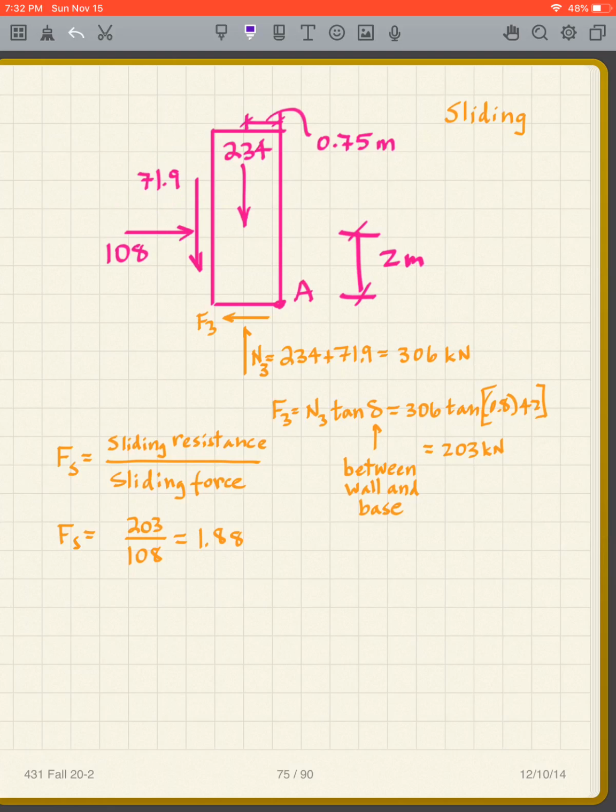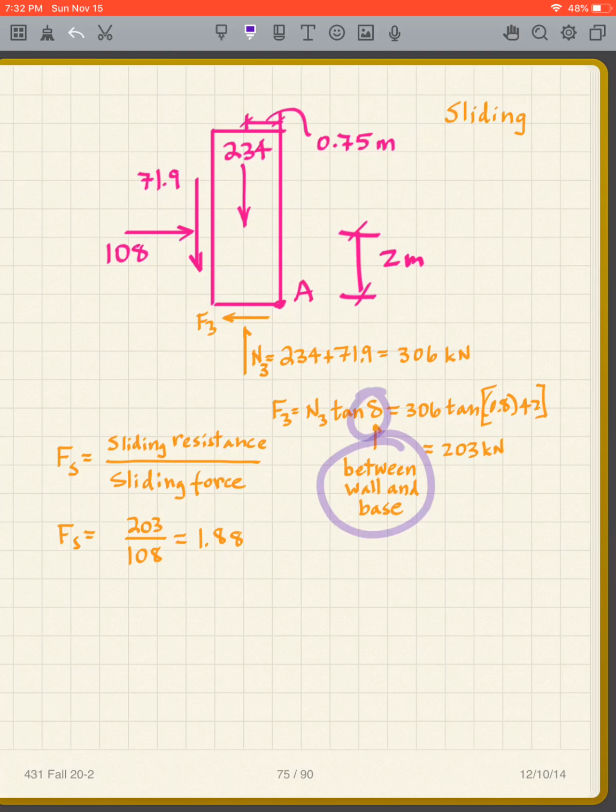N3 tan delta is my F3. And again, the delta is 0.8 times 42 degrees. That gives me 203 kilonewtons between the wall and the base.